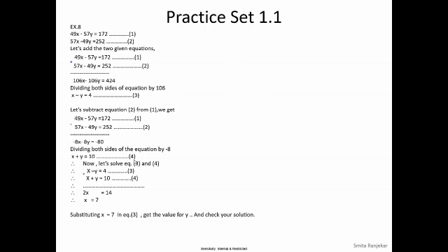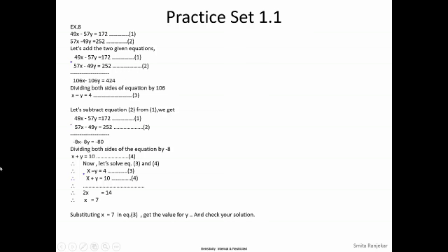This value of x is equal to 7, you can either substitute in equation 3 or 4. Here I have written that substituting x is equal to 7 in equation 3. And you are going to get the value of y.